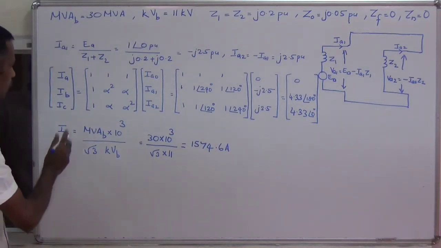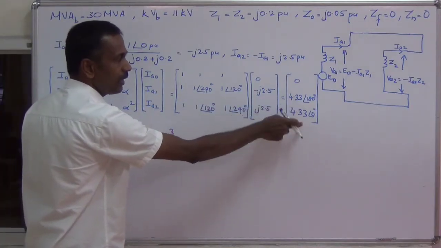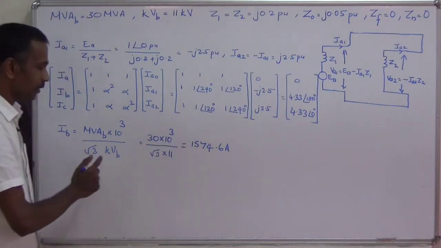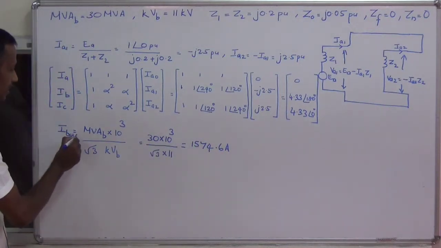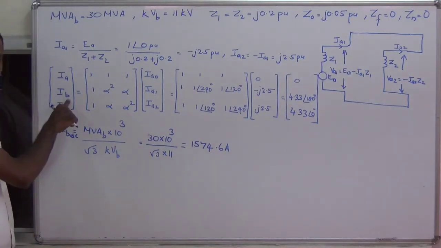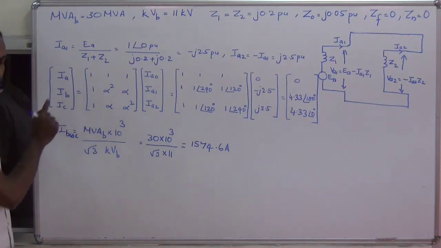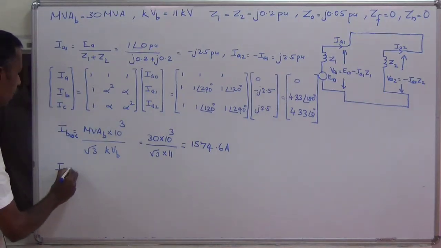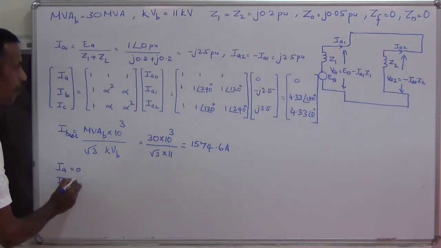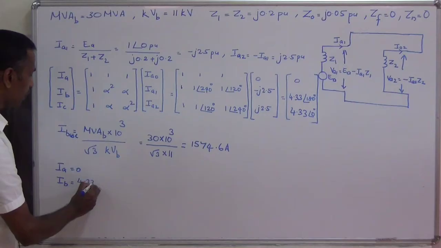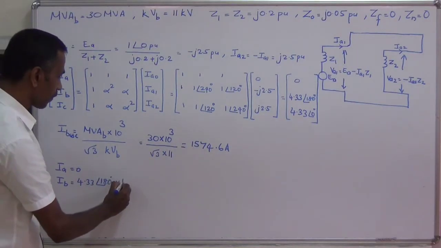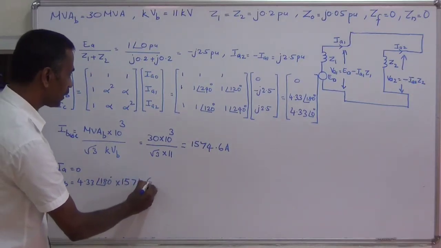Now we can convert these per unit currents into actual currents by multiplying with the base current. Let me write this as I base, so that we will not get confused with the phase current IB. IA equals 0. What is IB? IB equals 4.33 angle 180 into the base current, 1574.6.